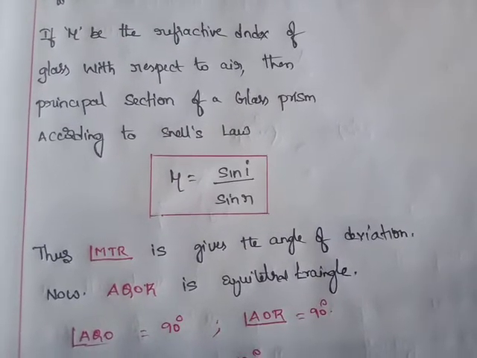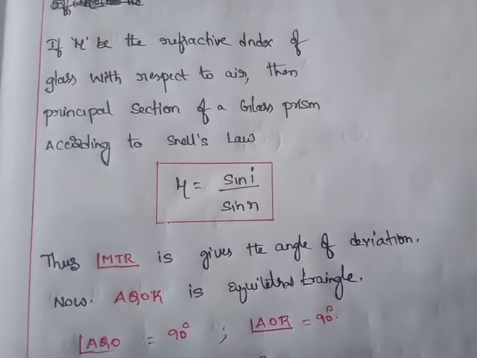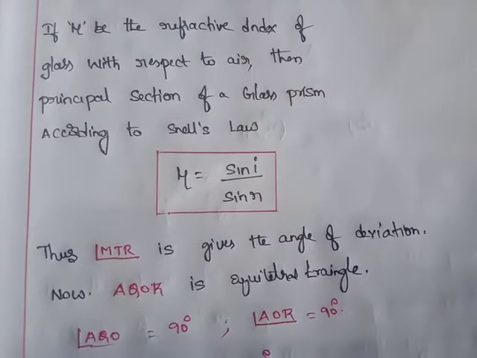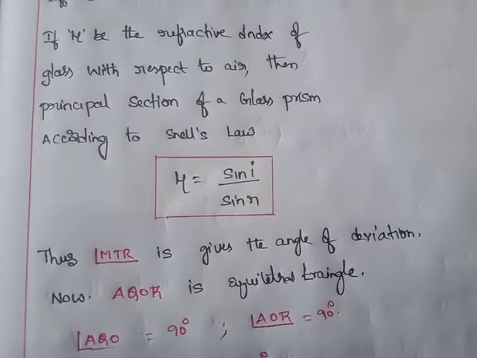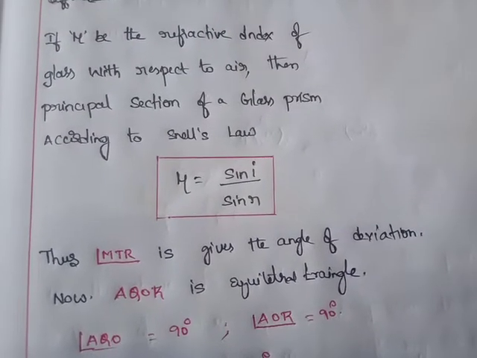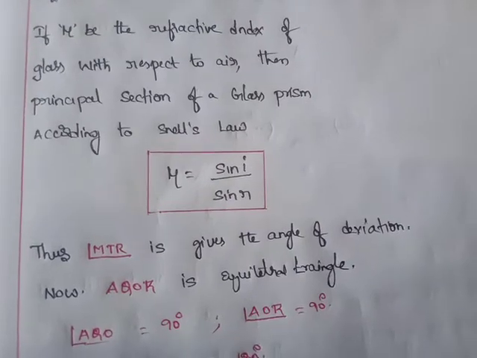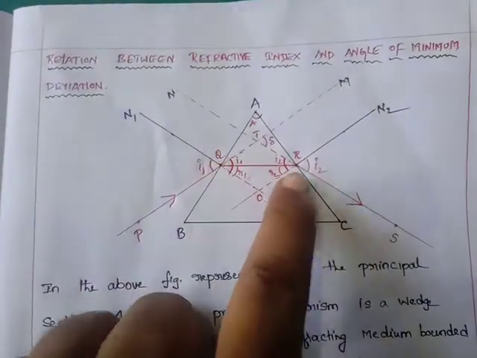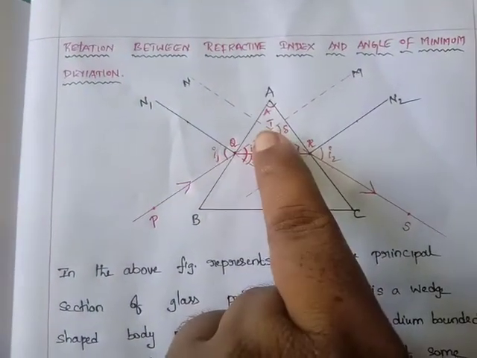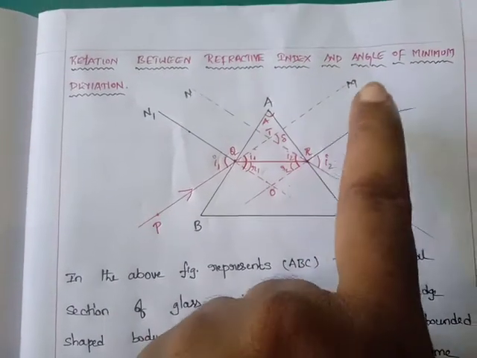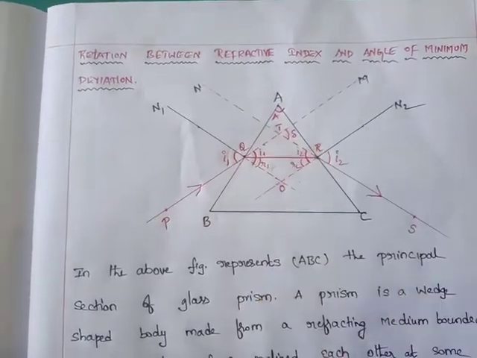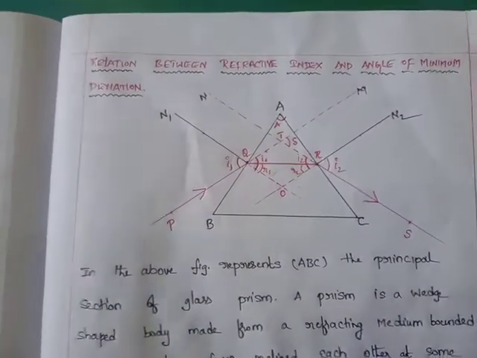According to Snell's law, mu is equal to sin I by sin R. Angle MTR gives the angle of deviation. See here, this is M, this is T, and this is R. So MTR represents the angle of deviation.